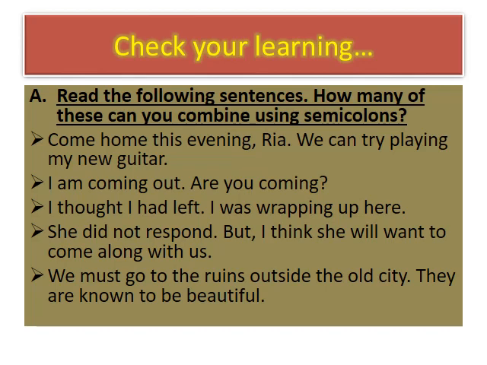So the answer is first, third and fifth sentences can be combined by semicolon as they are the pairs of independent clauses and these clauses are related to each other, or we can say there is logical connection between the two.